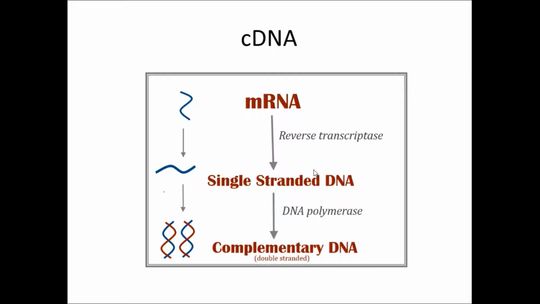In prokaryotes, the cluster of genes produces polycistronic mRNA. That means a single mRNA gets translated to produce more than one protein. That is called polycistronic mRNA. But in the eukaryotic system, a single gene produces a single mRNA, and a single mRNA encodes a single protein.